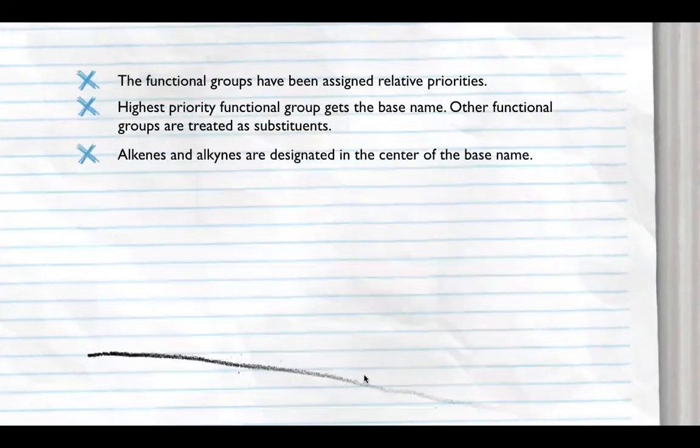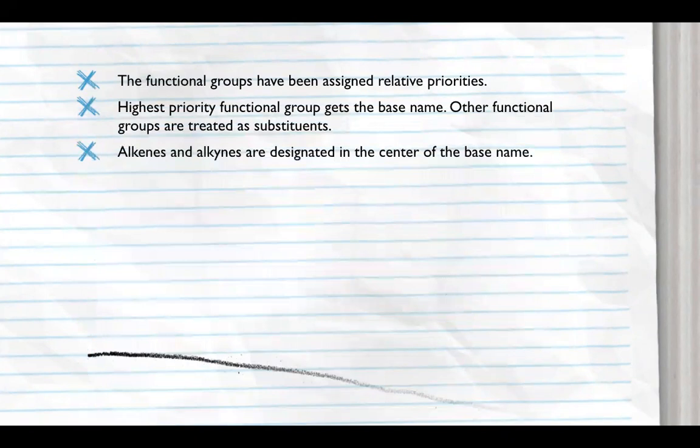So the functional groups have been assigned relative priorities. The highest priority functional group is going to get the base name. They're the big winner. The other functional groups are treated as substituents. And remember that alkenes and alkynes are designated in the center of those base names. So what would the name of this be? Well, your longest chain is 4.